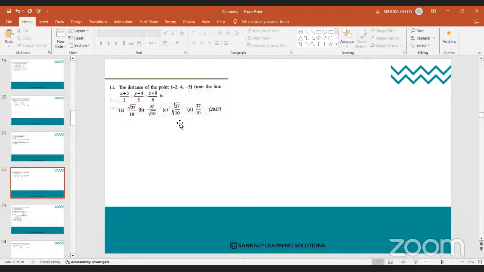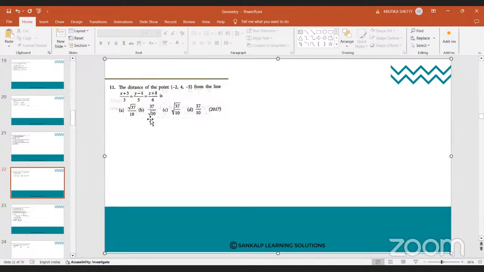We need to calculate the distance between the point and the line. First we need to find a point on the line through which it passes, and since another point is given, we can make use of the distance formula.